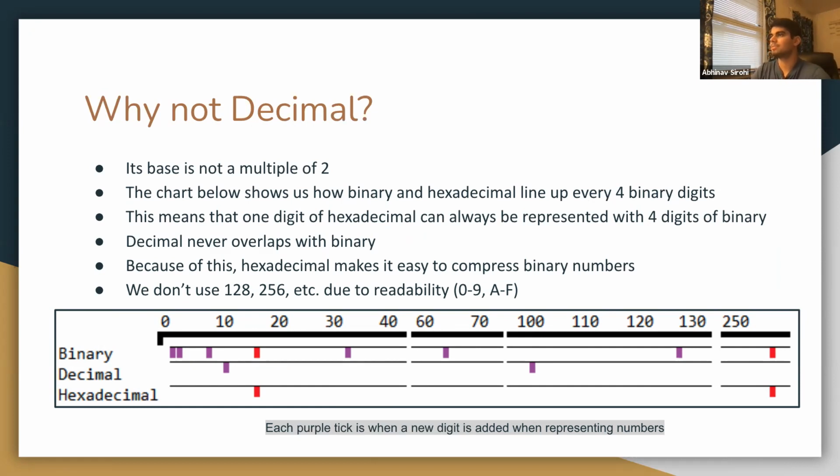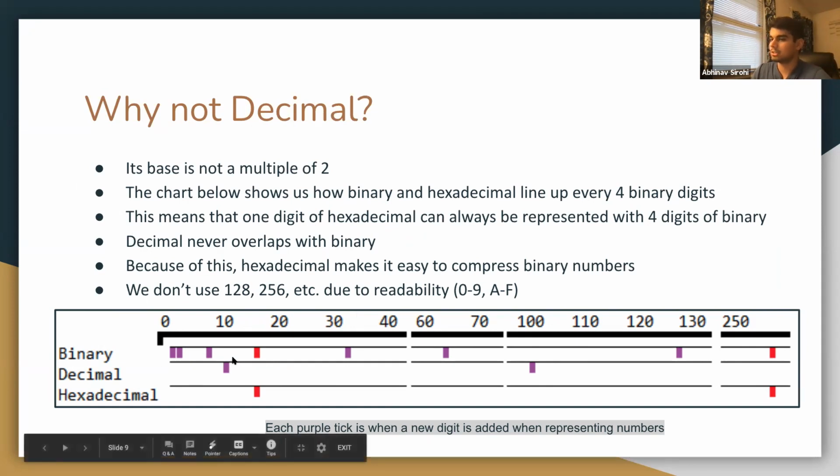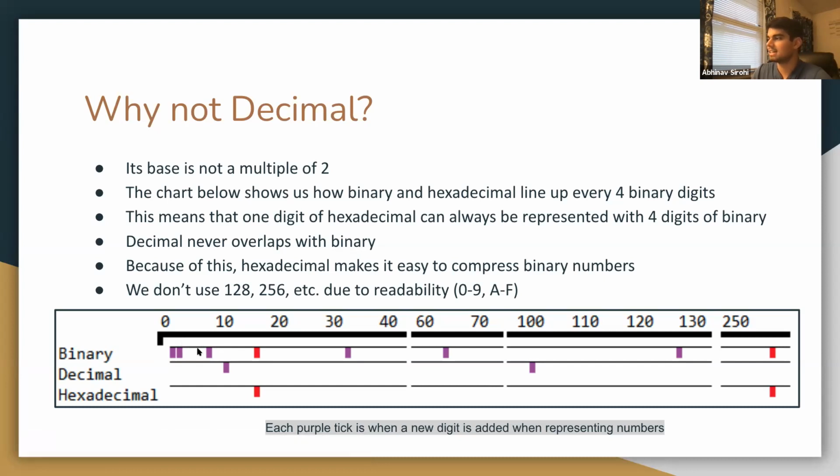And so the reason that that's important is because of what we can see in this chart here. This chart shows every time that a new digit is added when representing numbers.